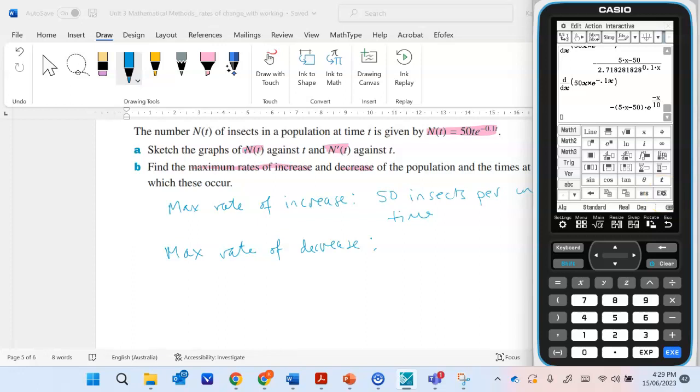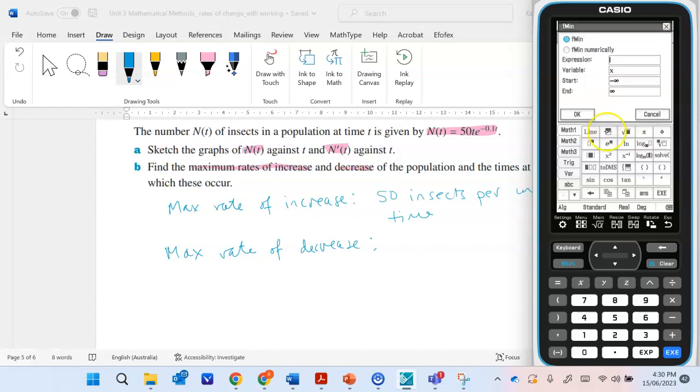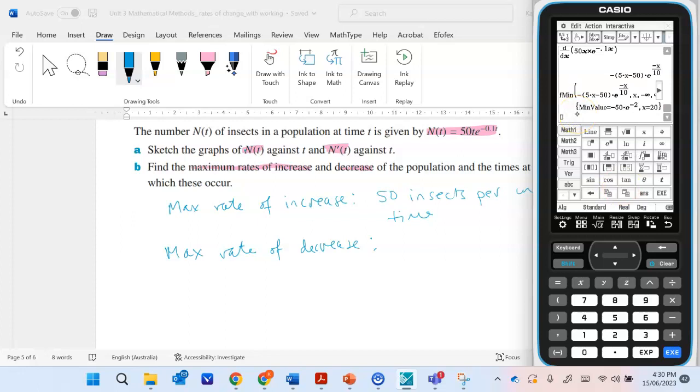So from our knowledge of using the calculator, I'm going to highlight that, copy, go down to this next line, go to calculation and function min, and paste it in. We can see the minimum, that's your turning point, but remember that negative is your decrease.